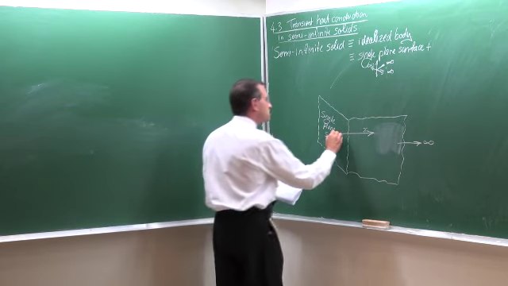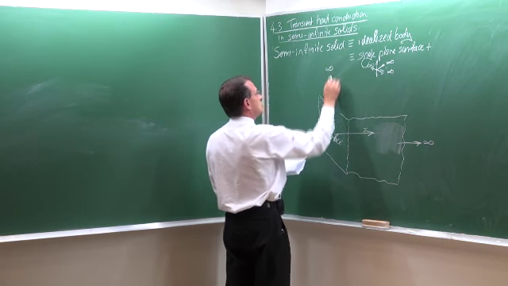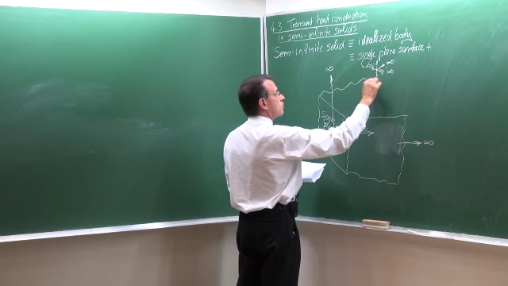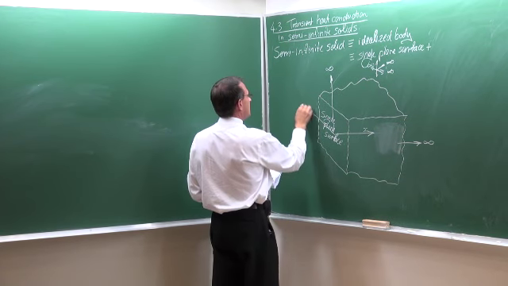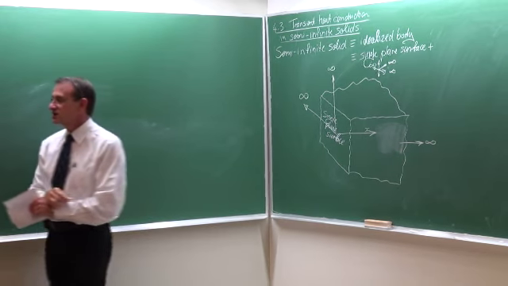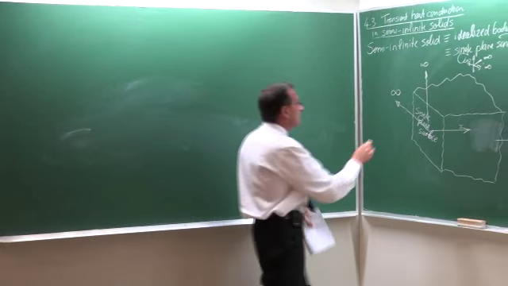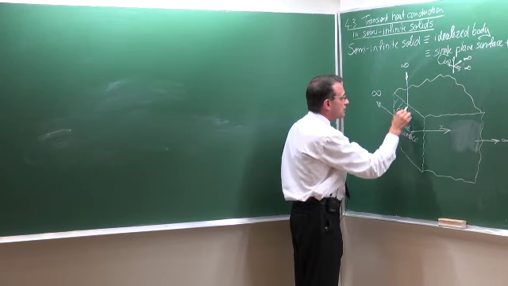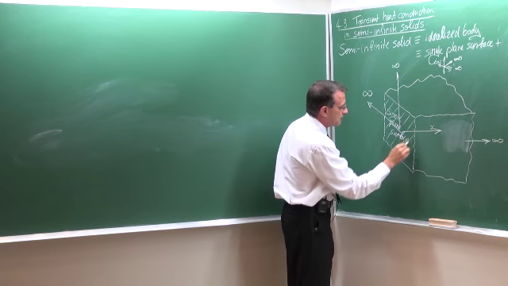In this direction, it is also going to extend into infinity, and the same in that direction. So in all the directions, it extends into infinity, but it has a single plane surface, which is this one that I'm representing here.